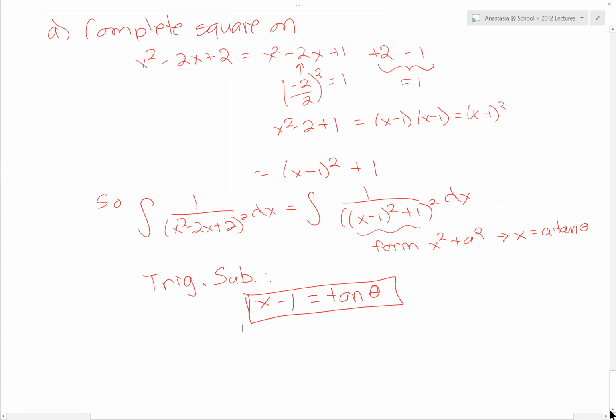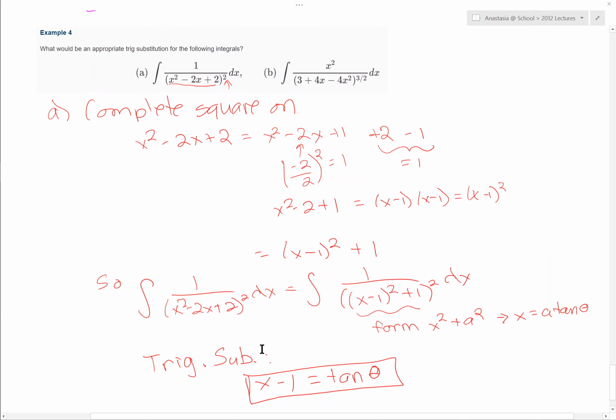Now for part B, we are going to do something similar. We have the integral of x squared over 3 plus 4x minus 4x squared to the 3/2 dx.